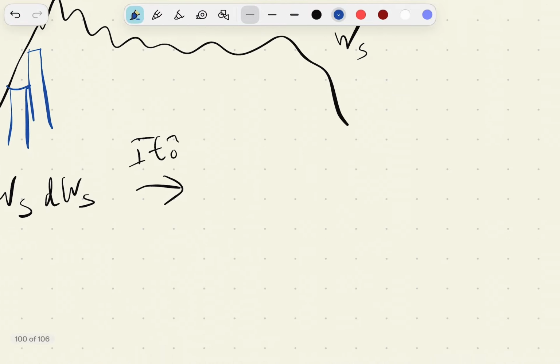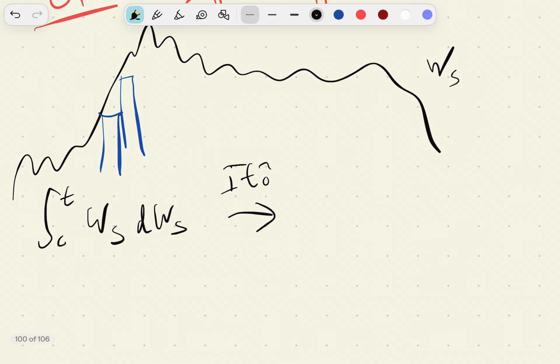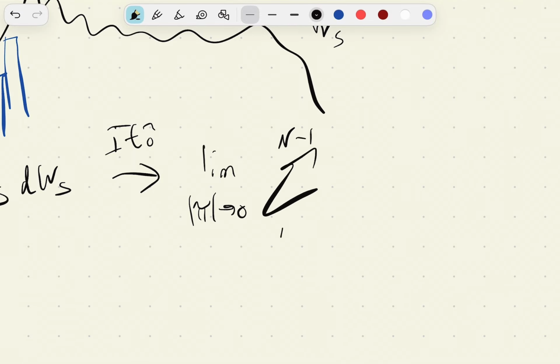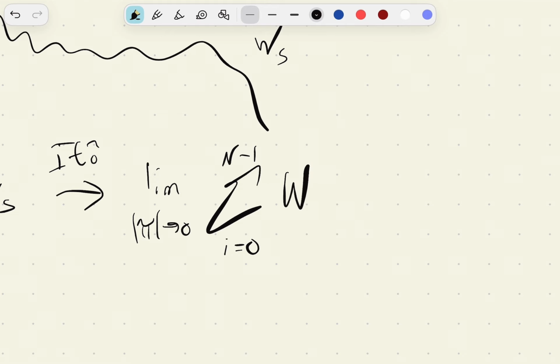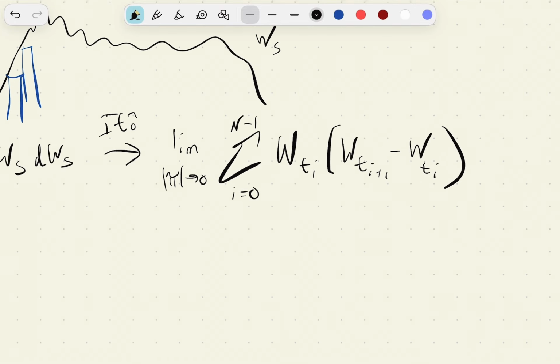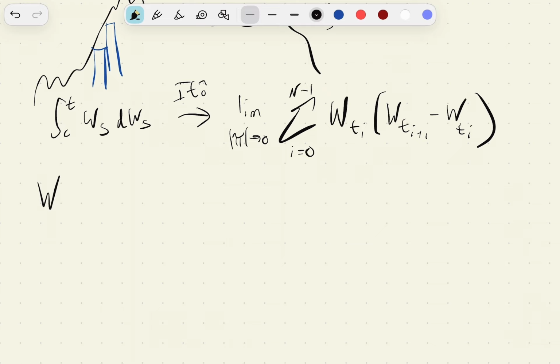And what this will do is say, because first of all, we don't know the future, right? That's essentially the assumption that we're making. So we'll want to take the limit of our partition as it goes to 0, for the increment of the process times, let's say i plus 1 minus i, and we basically make this telescoping sum, and there's an identity that can be derived in any stochastic calculus book.